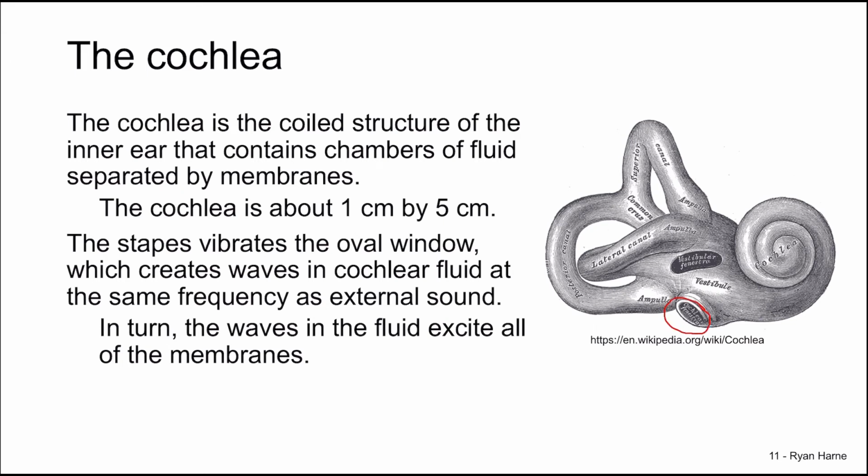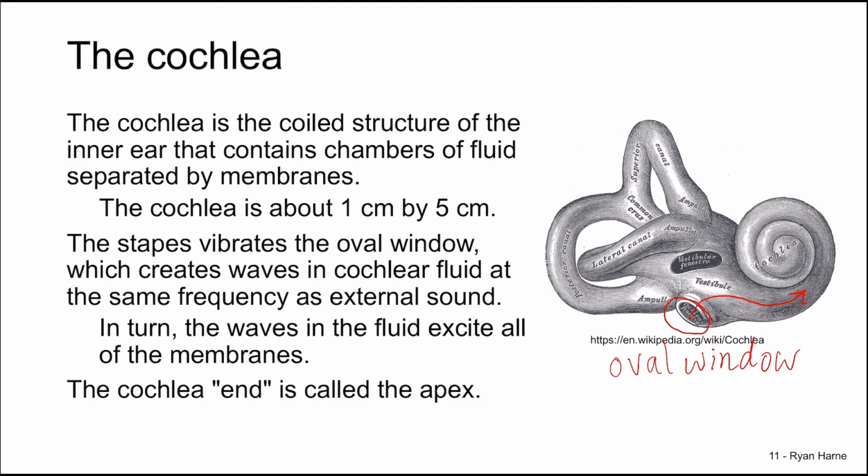So the oval window vibrates, passing waves into this coiled cochlea. Likewise, once the waves propagate into the oval window, it interacts with a sequence of chambers filled with fluid, and all of these fluids result in additional wave propagation in the cochlea. The end of the cochlea at the end of the wrap is called the apex.